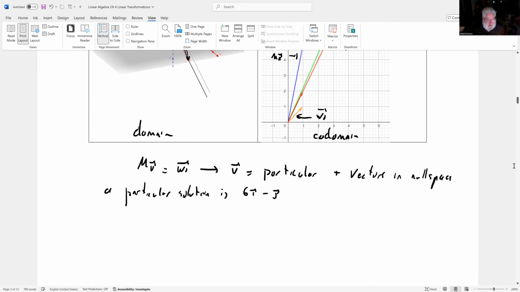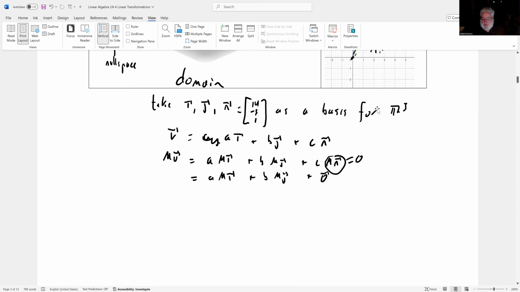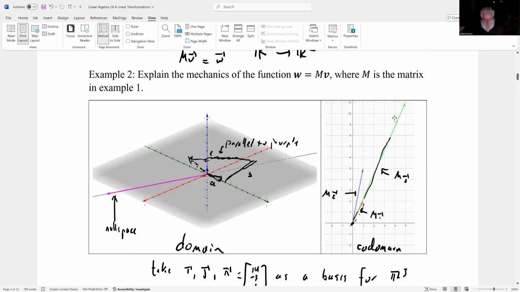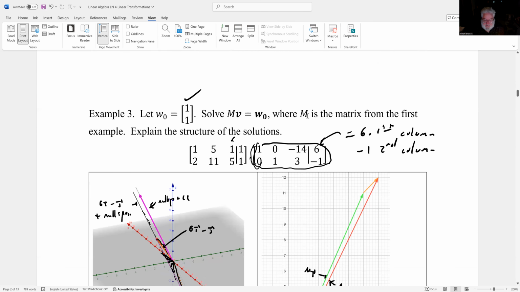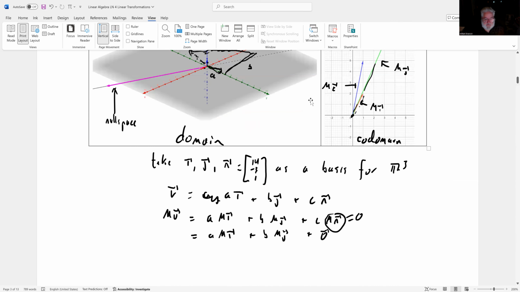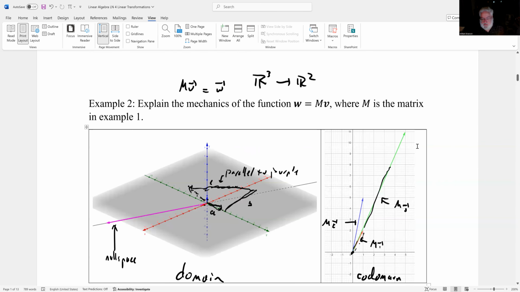So what we know about the null space is this we got from the RREF. The particular solution came out of the RREF. And then the null space is way up here. Did I write down where the null space was? Up here, t(14, minus 3, 1).